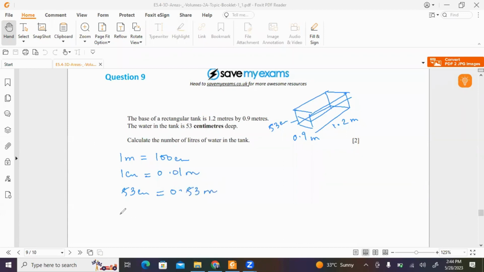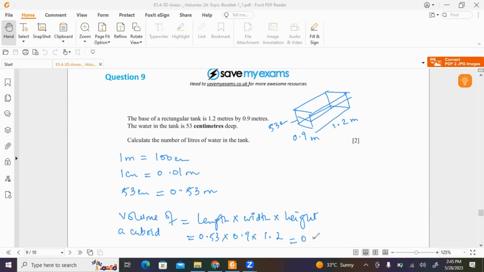So the volume of a cuboid is length times width times the height. So we multiply 1.2 by 0.9 by 0.53, and that is equal to 0.5724.